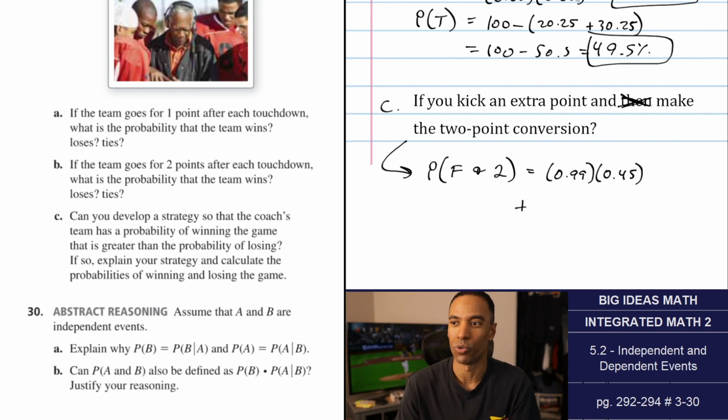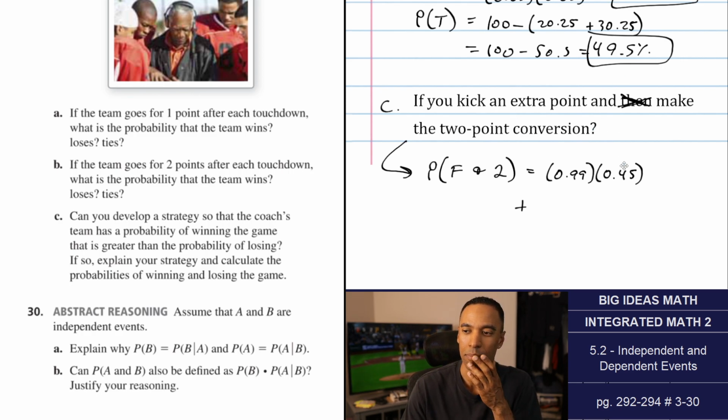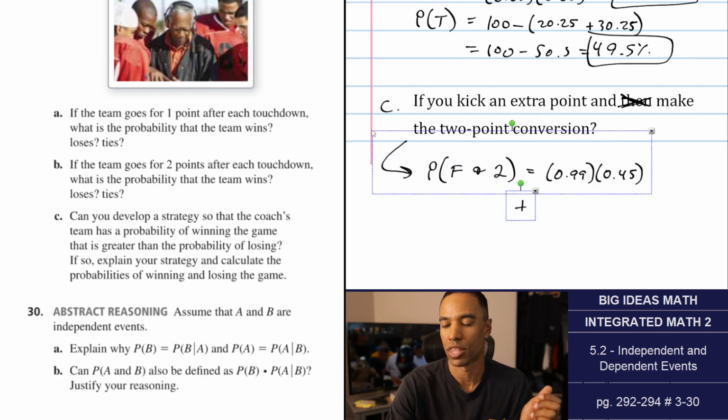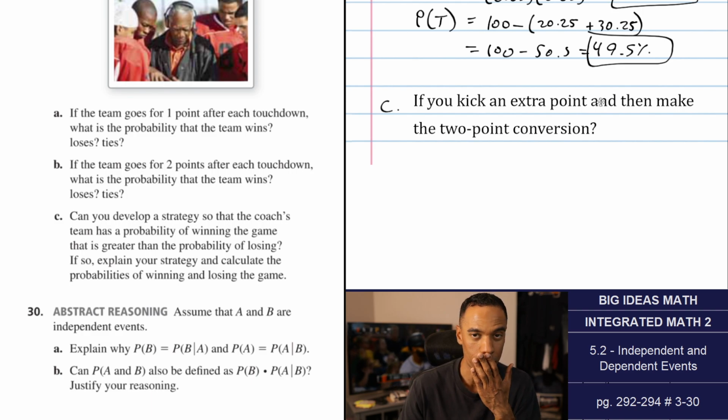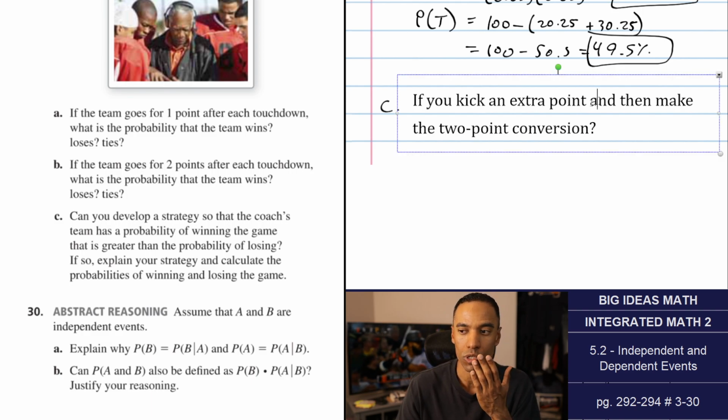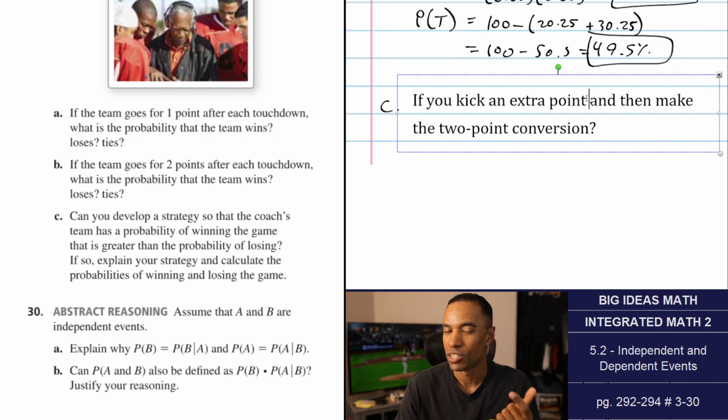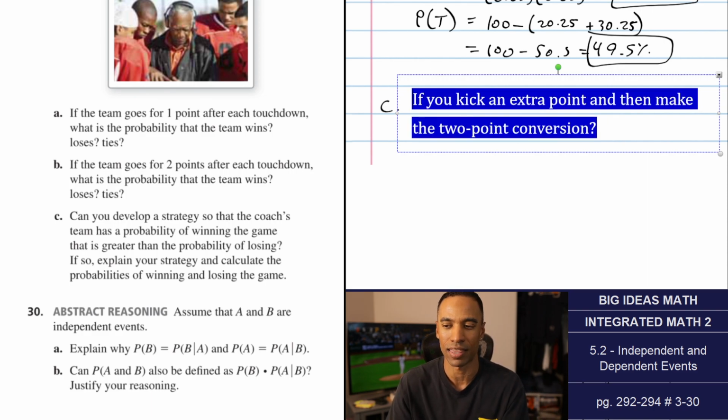Hold on a second. Let me change even how I said this. Here's the thing. If you do the 2-point conversion first and you're successful, so there is a dependency here, then you can either decide to do the 2-point conversion next or the field goal. And I think that maximizes it. So actually the and then would work.